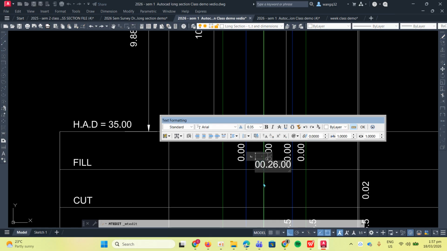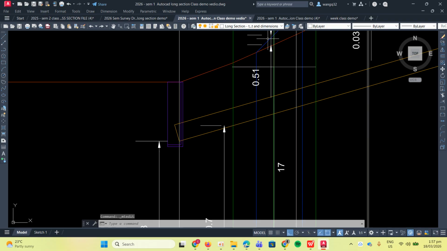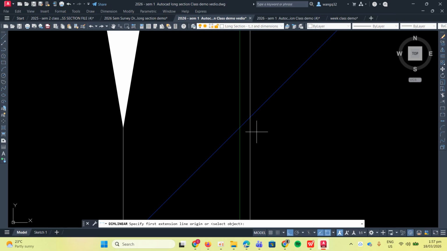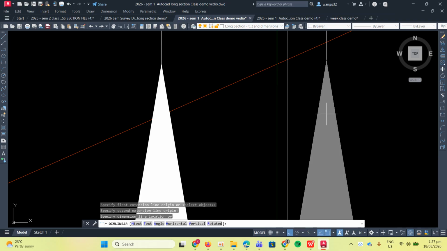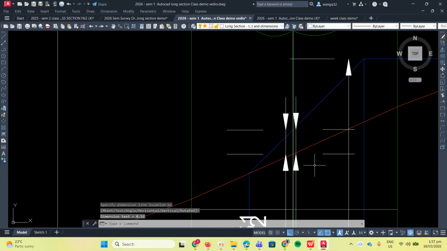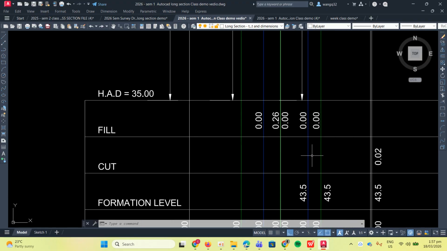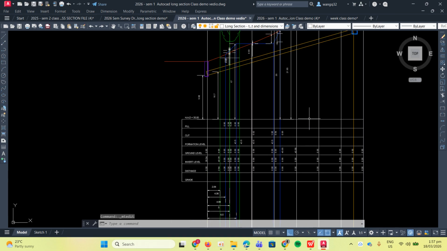And for that one, you need to do the same on that side. So that will start from here to here. It will be the same, 0.26. So you need to change that one. Yeah, so you can do the rest of your fill as well.